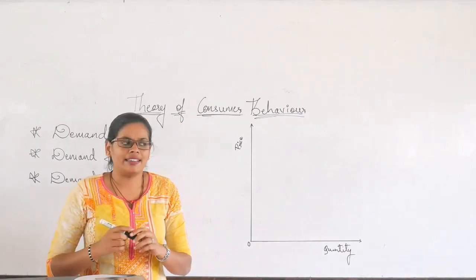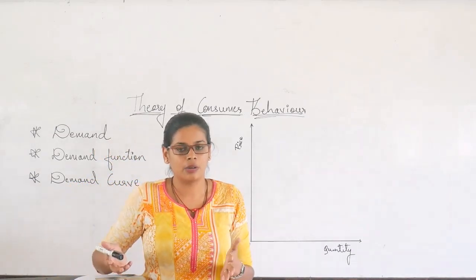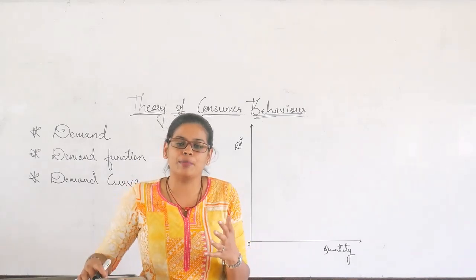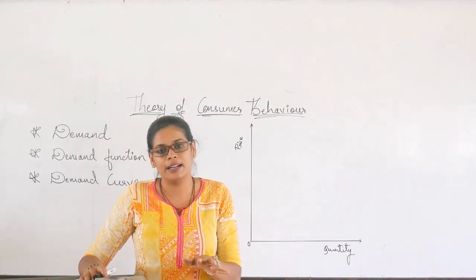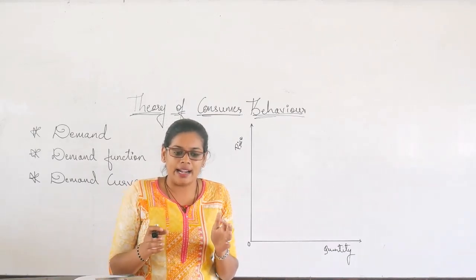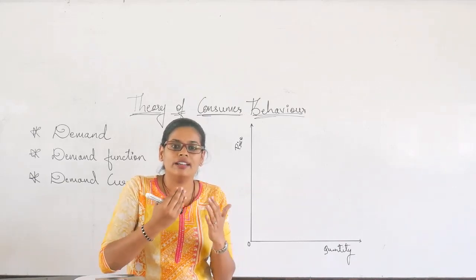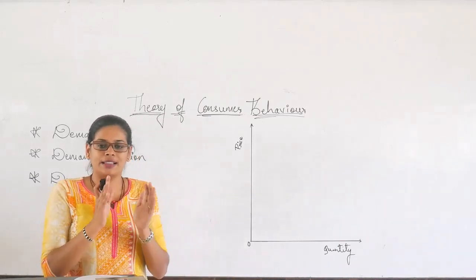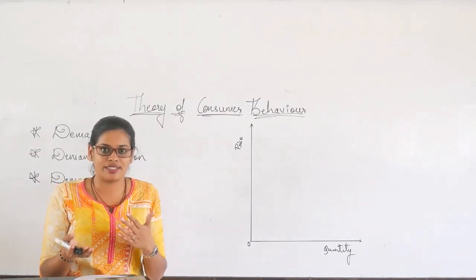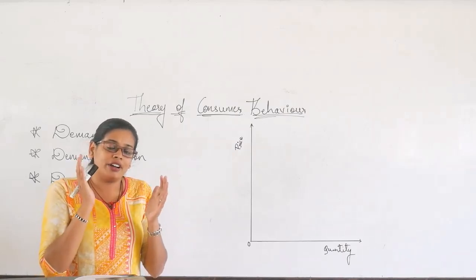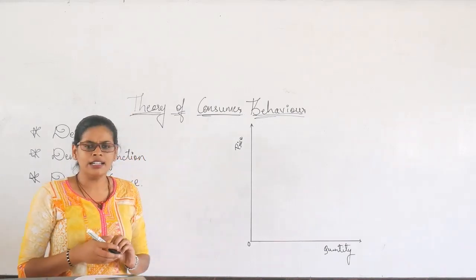If I say I am willing to buy a car which costs more than my budget set, that doesn't fit in the demand, because demand has to match all the features, for example the affordability of a consumer, the purchasing power. That should fit in the budget. That is called demand.